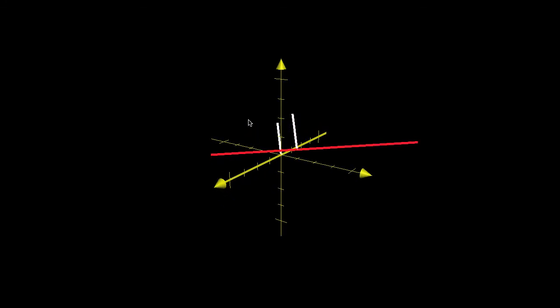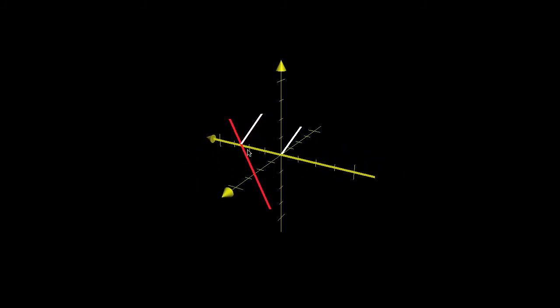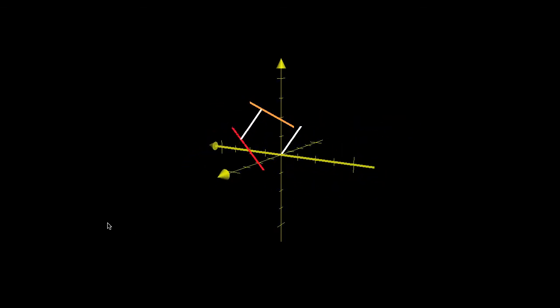So when I do that, it looks just like I have it shown here. Here's the red line. Here's the white vector added there. But I add it to every point on the red line. And then I imagine that I slide that white vector right along the red line here. As I do that, I'm drawing another line right over here, which is exactly that distance away. So I end up with a line that looks something like that.